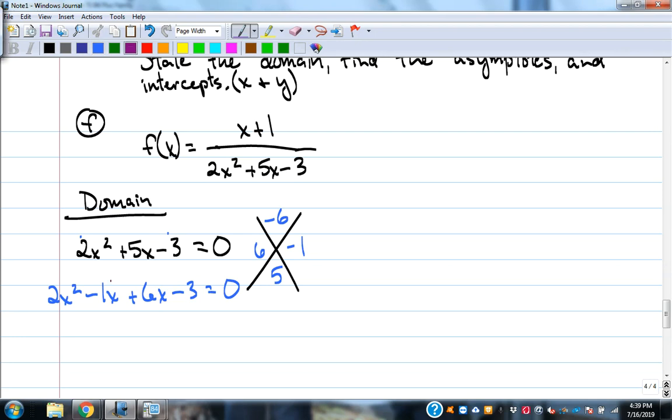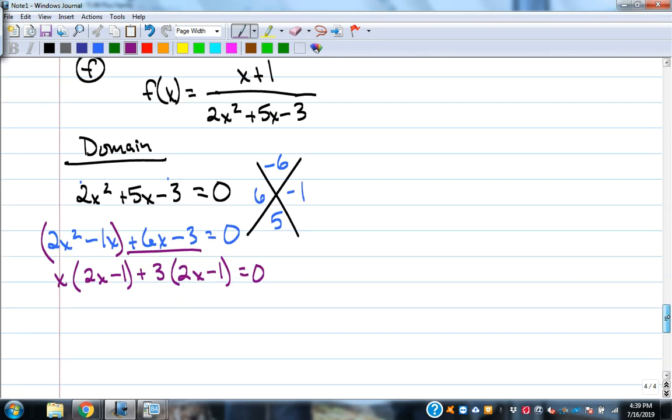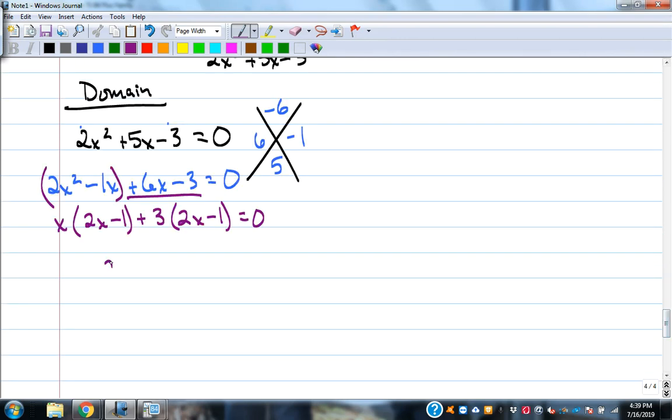Okay, and then I'm going to group. First 2, second 2. The first 2 have a GCF of x, leaving 2x minus 1. The second 2 have a GCF of 3. And the factored form would be 2x minus 1 and x plus 3. Okay, and I'm going to set each of those equal to 0 and solve them.